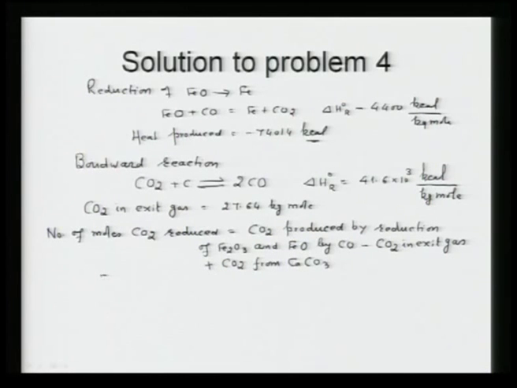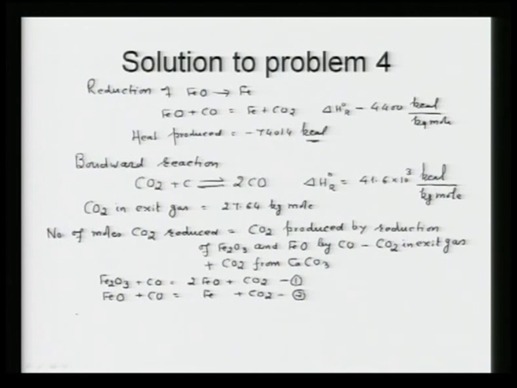Now, we have to calculate, say the reaction Fe2O3 plus CO gives 2 FeO plus CO2, state this as reaction 1, and FeO plus CO equals Fe plus CO2, this is our reaction number 2.